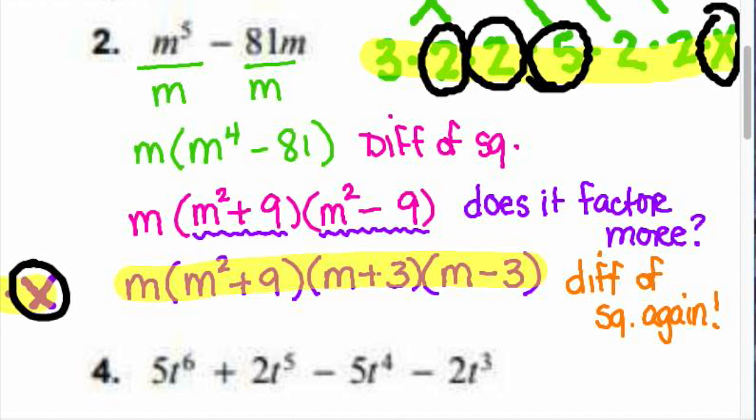So again, the way that we started off this problem was asking, is there a GCF? There is one here. And then from there, how are we going to factor? And we factored by difference of squares. So it's kind of what I'm looking for, and we're not going to go through and do all of these problems, but I just want you to be able to recognize, is there a GCF? And then which method are you going to use after you pull out the GCF to help you factor the rest?